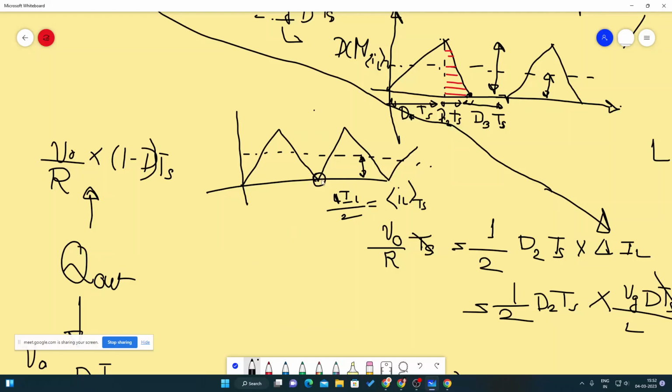If the lowest point touches 0 and this is the average, the peak-to-peak ripple is from the lowest point to the highest point, and the average will be exactly in the middle. That's what I am claiming. Since it will be in the middle, delta IL, the whole bottom-to-top peak, by 2, it's halved. That will be the average under critical condition.